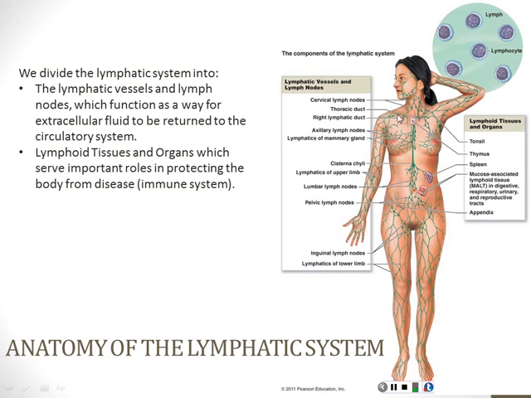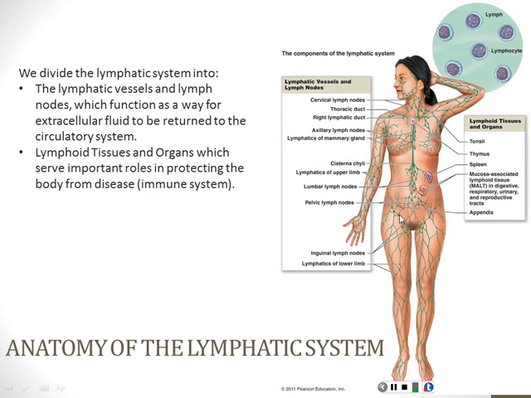Because what we want to prevent is infection from coming from the extremity into the rest of the body. Because you're much more likely to have skin injury in your hands and feet or arms and legs than you are in your trunk, right? Because your arms and legs are out there in the world all the time. So we want to make sure that any infection can't get into the trunk where the vital organs are. So we have a cluster of lymph nodes there. We have a cluster of lymph nodes here where the leg attaches to the trunk.